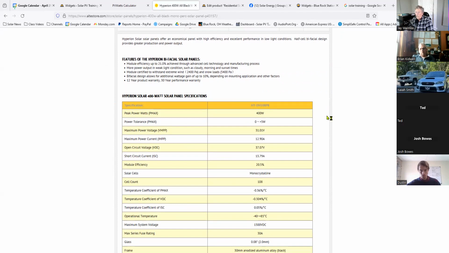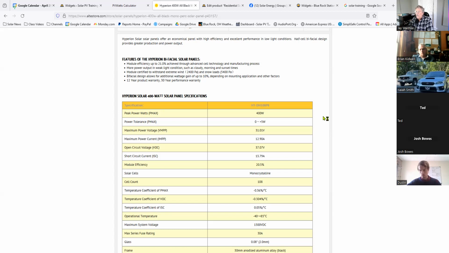The VOC is 37.07 volts. The IMP is 12.9 amps. The ISC is 13.79 amps. And as we know, the IMP times the VMP should equal 400 in this case, just because of the IV curve.